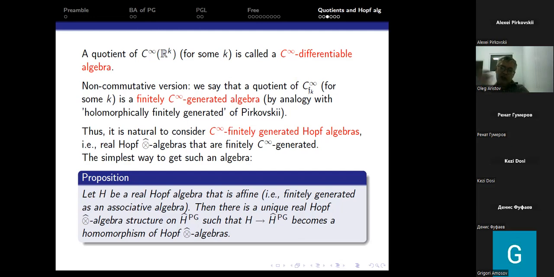So these are algebras formed not only for manifolds but for some spaces with singularities. And we can consider a non-commutative version. And we say that a quotient of C infinity Fk for some finite k is a finitely C infinity generated algebra. So the term is by analogy with holomorphically finitely generated, introduced by Pirkovskii.